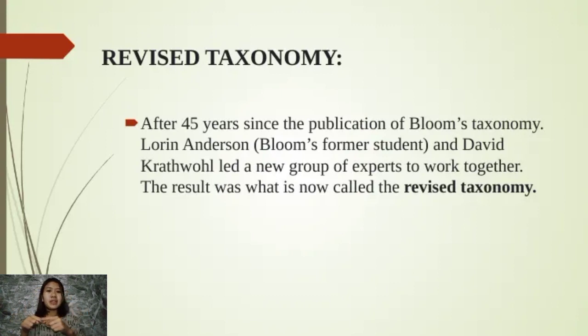In a pyramid, at the very bottom is remember, then understand, apply, analyze, evaluate, and create. Unlike the 1956 version, this revised taxonomy differentiates between knowing what, the content of thinking, and knowing how, the procedures used in solving problems.